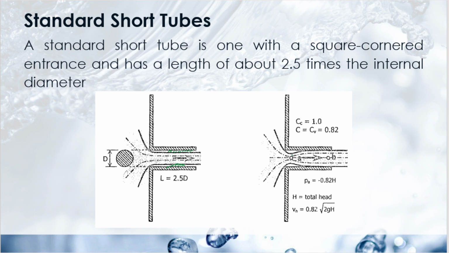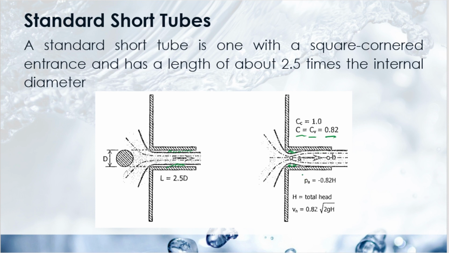I will color this green. That means there's a contraction here, but it will eventually touch the wall. So that's why it has a coefficient of contraction equal to 1. And the coefficient of discharge, this one, is equal to the coefficient of velocity, which is 0.82.